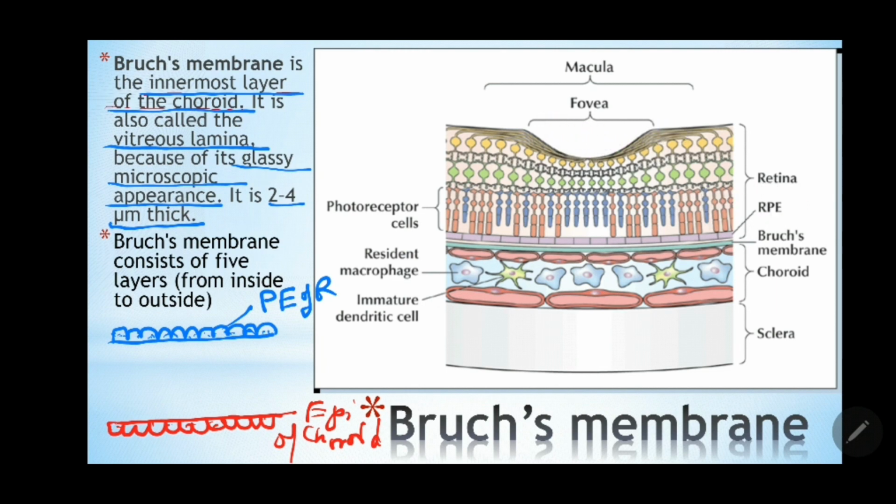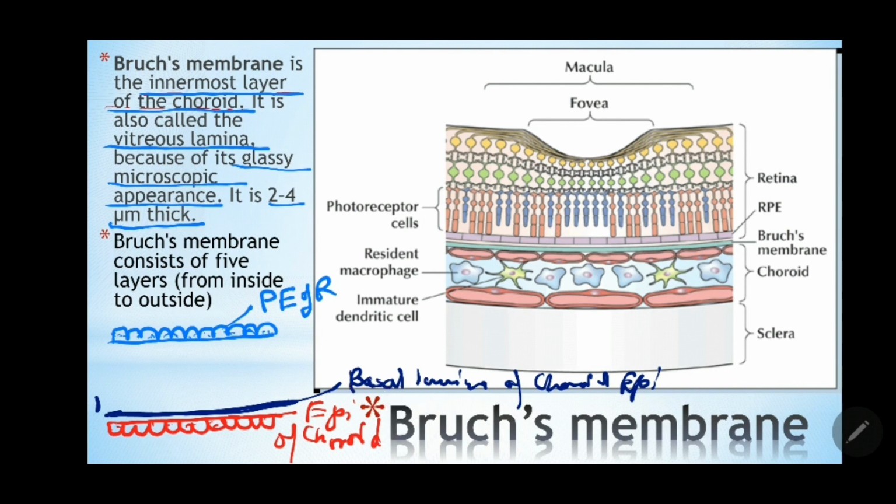On this side, it has the basal lamina as the number 1 layer. This is number 1, basal lamina of the choroid epithelium, choroidal epithelium. This is the basement lamina of the choroidal epithelium.